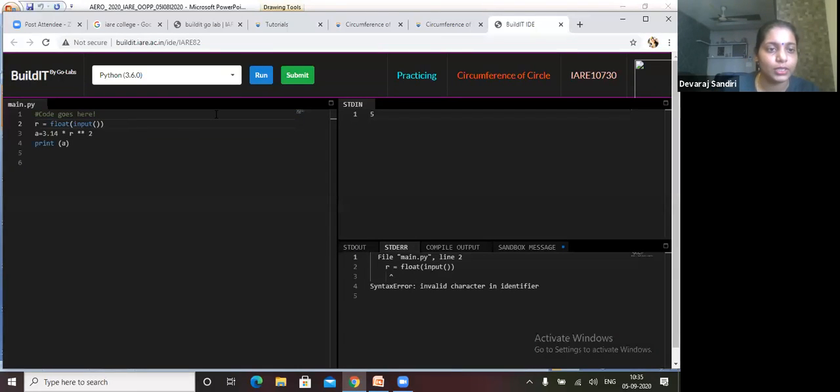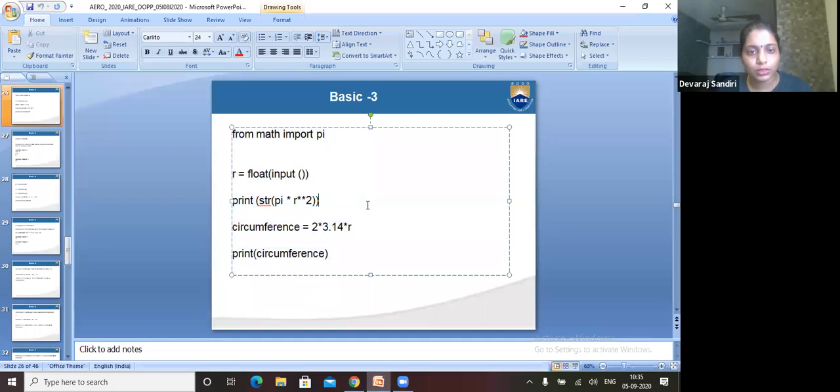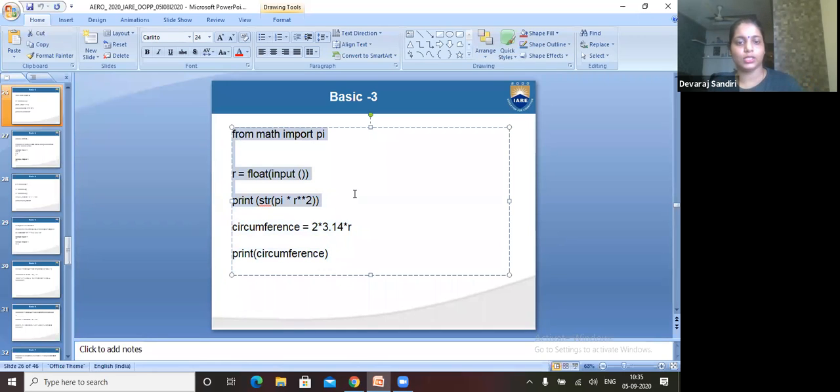What is this invalid character? Pi r square, no? What happened? Yesterday it was running. Import pi, r is equal to float input string. Let's see here, we'll see this once.